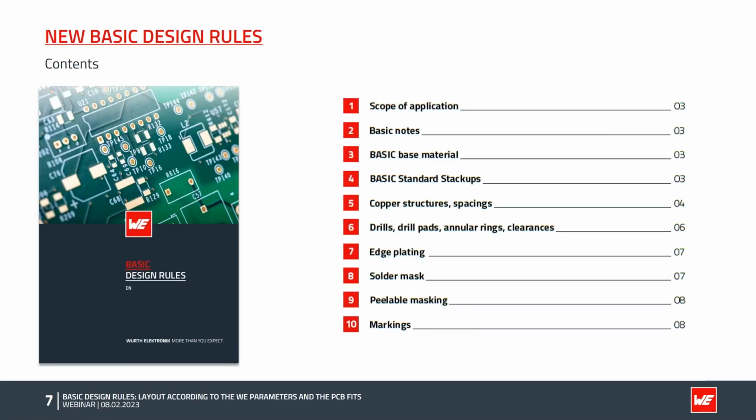So this is the new flyer, basic design rules. The contents are scope of application, basic nodes, basic base material, basic standard stackups, copper structures and spacings, drills, drill pads, annular rings, clearances, edge plating, solder mask, peelable masking, and last but not least, markings.